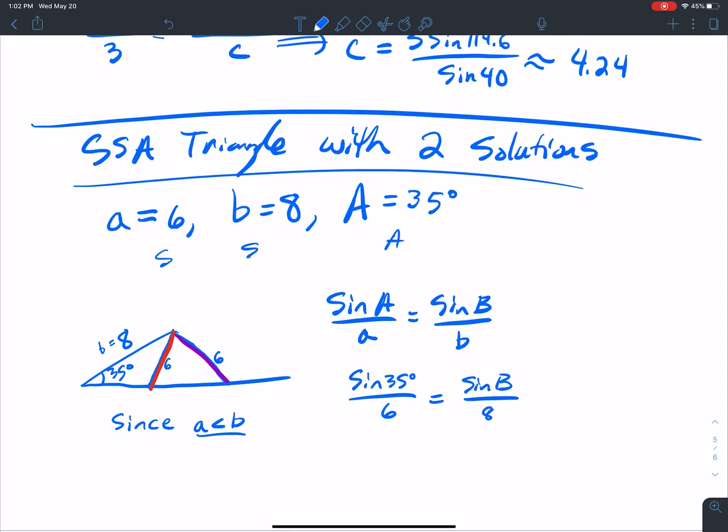Multiplied through, I get the sine of B is equal to 4 over 3 sine of 35 degrees. Type that in my calculator, I get 0.76.